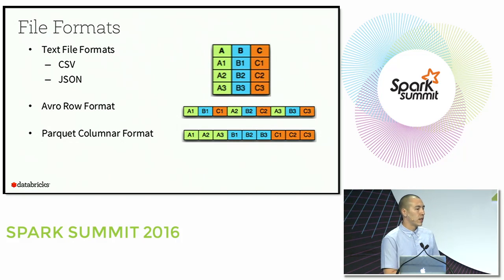So file formats. A lot of people know what CSV or JSON file formats are, but Avro and Parquet are two other file formats that are popular in this big data space. Their inherent characteristics are different between the two.